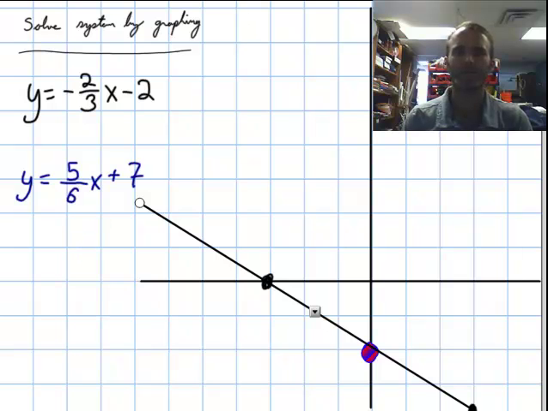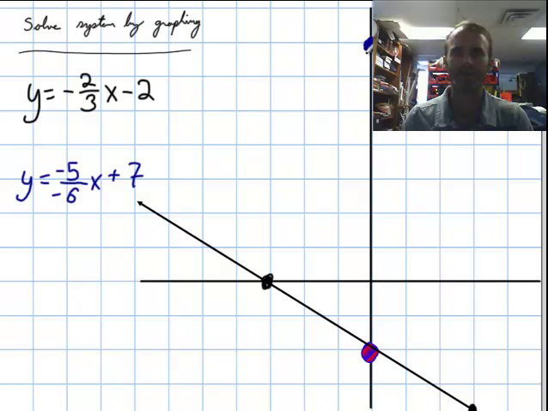Now let's do the blue. So this blue line, I have a positive 7 for my y-intercept. So I'm going to go 1, 2, 3, 4, 5, 6, 7. And I'm going to rise 5 and run 6. Well, if I rise 5, that puts me off of where I can see. So let's do this. We know that two negatives equal positive.